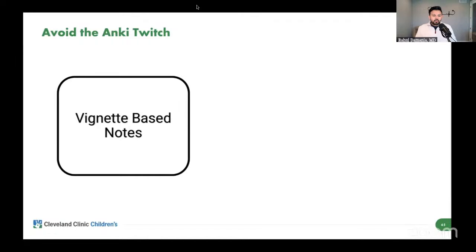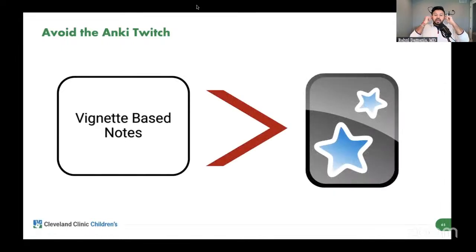The first thing that I want to mention before we go into the open leaf mnemonic is you want to avoid the Anki twitch. And what is the Anki twitch? I think Anki is great. If it works for you, awesome. But I would argue that vignette-based notes, capturing the vignette and putting it more in an illness script, is much more superior than unlocking random Anki cards or Anking cards.